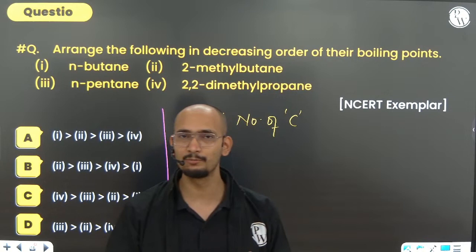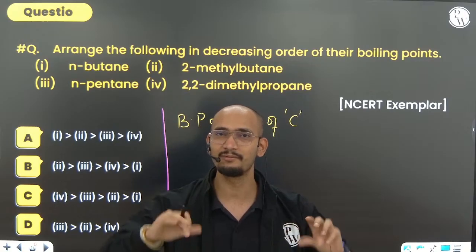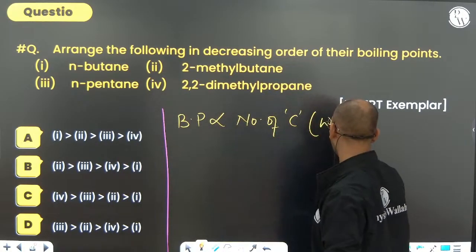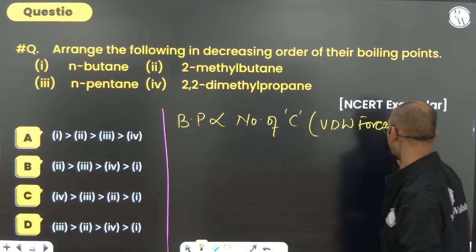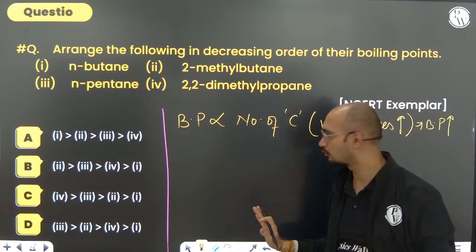The more the molar mass, the more the van der Waals forces between the molecules. The more the van der Waals forces, the more the boiling point. Always remember, because van der Waals forces increase, boiling point also increases. Any doubt? I hope there is no doubt.